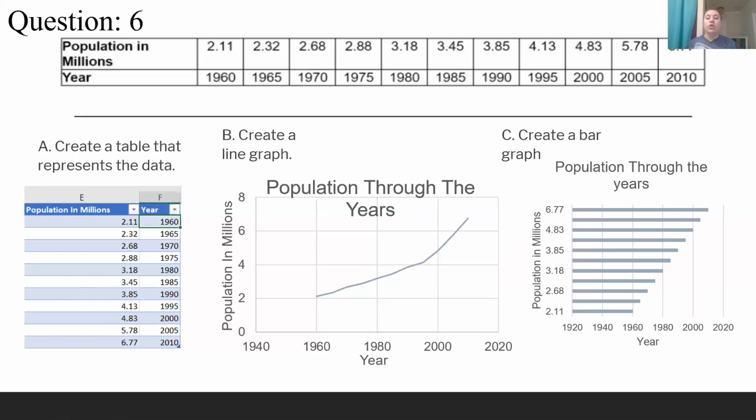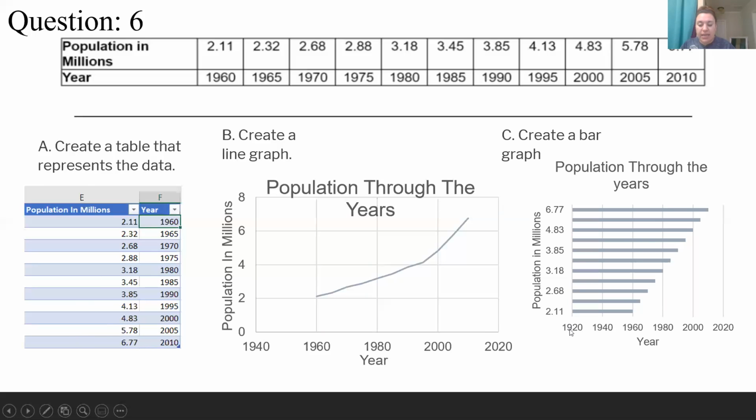So now we're going to create a bar graph, population through the years, population in millions. This is what I did to show you. I did our population in millions from 2.11 to 6.77 here.